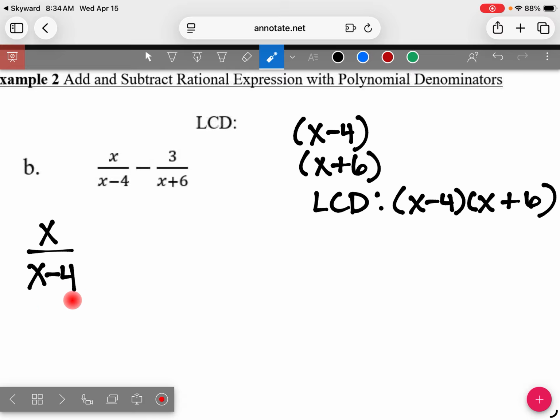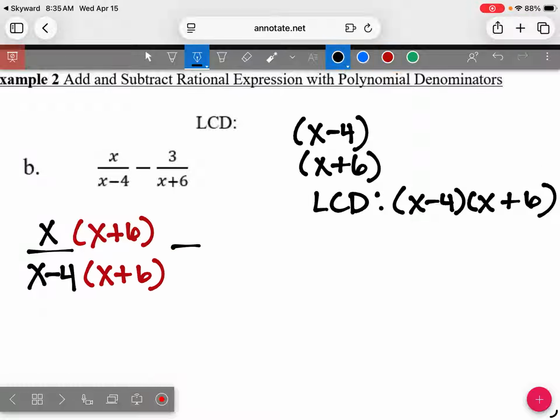So Josepha, what do you think I'm multiplying this fraction by? What is it missing that's in my LCD? X plus 6, top and bottom. Bring down your subtraction sign. 3 over x plus 6.